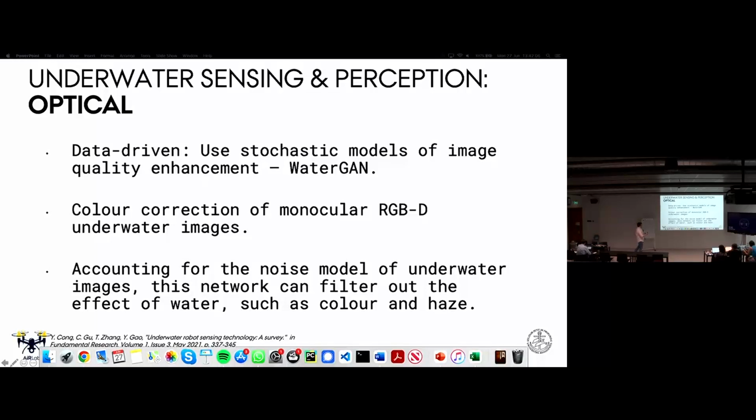But RGBD, again, is another vision example, which is basically an RGB camera with a depth sensor, usually with an IR, for example, that ranges and gives you depth information. So you have the computational advantages of a monocular sensor, and also the notion of depth, the notion of an extra dimension, if you will.